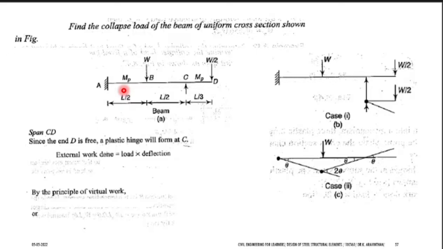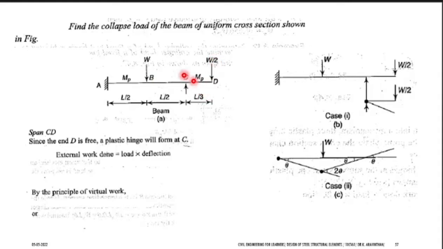From this given data, can you say where you will be having the first plastic hinge or first collapse? Between span A and C or span C and D? See, you have two loads. Between span A and B you have one load, and between C and D you have another load.